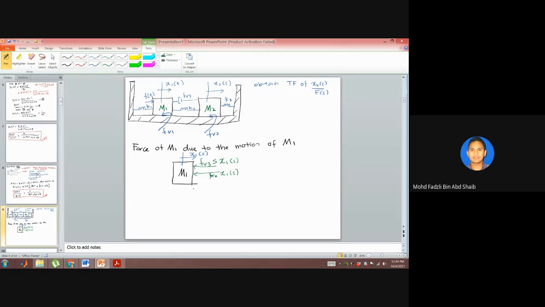Then maybe you can write here FT. If we change it, it becomes FS, right? Different direction. FT, because the force is supposed to be in a different direction, okay? This becomes FS, right?